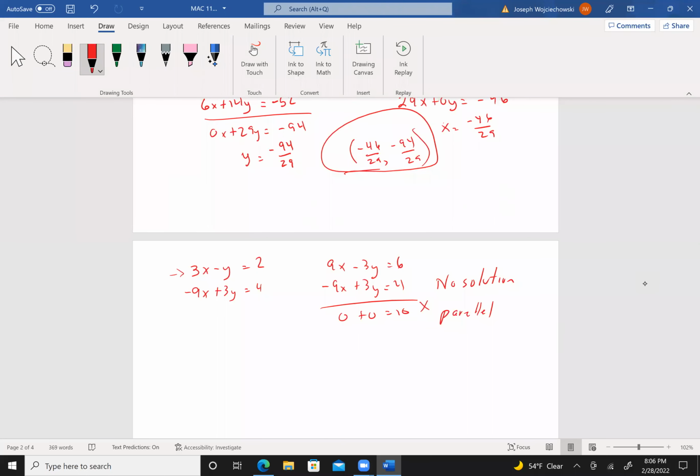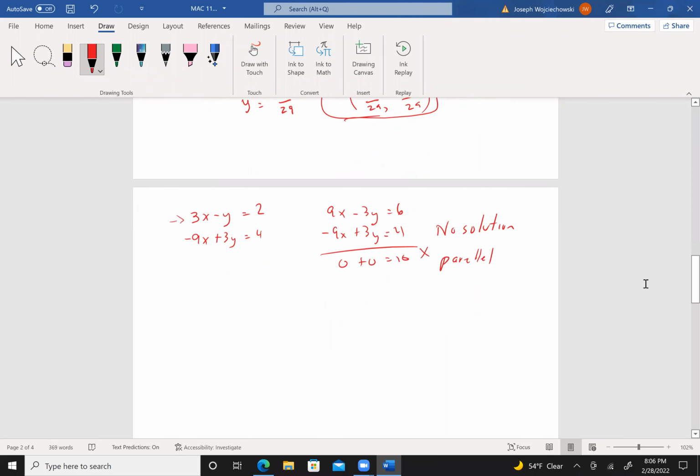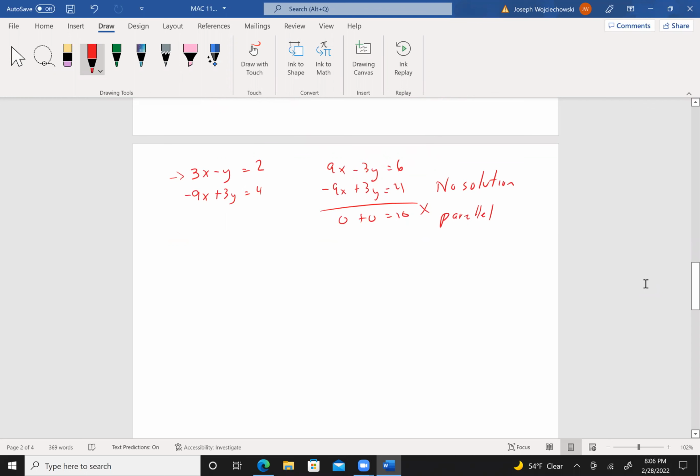Okay, let's look at another one. All right. Then what about this? x equals 5 minus 3y and 2x plus 6y equals 10. Well, let's get this top one in the right form, adding 3y.